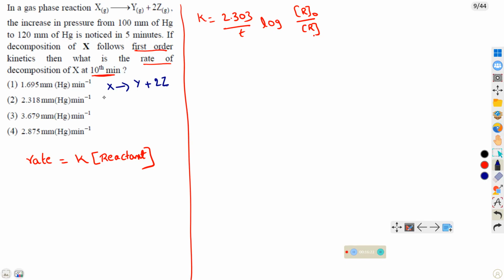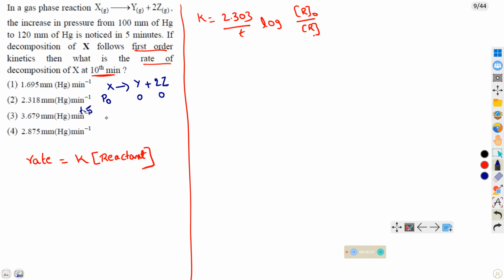At time t is equals to 0, pressure is equals to P naught, reactant having some concentration, product concentration is 0. As time goes on, time is equals to 5 minutes.